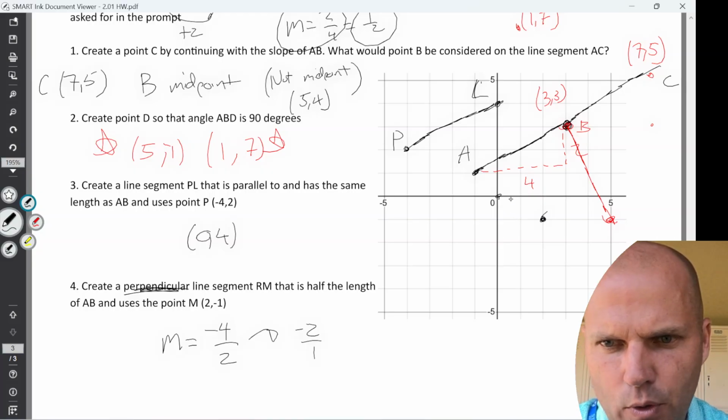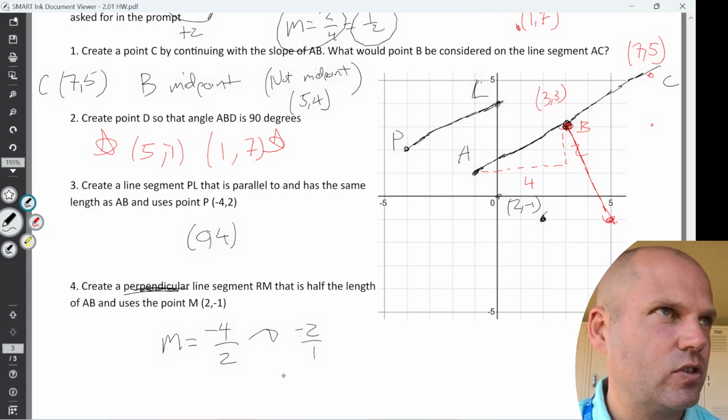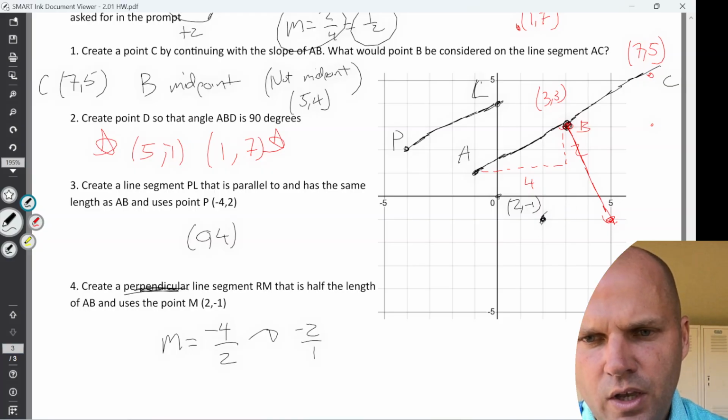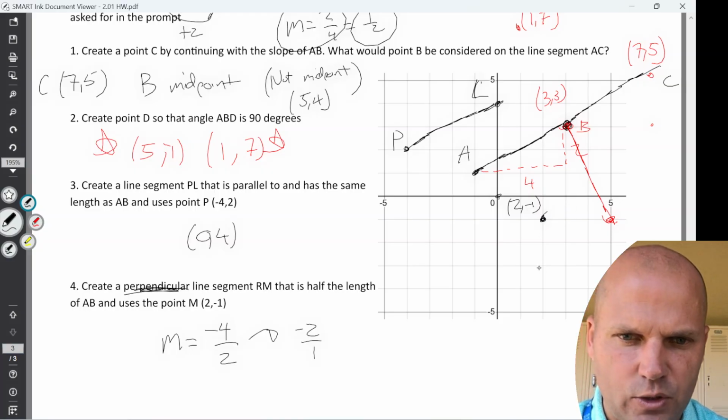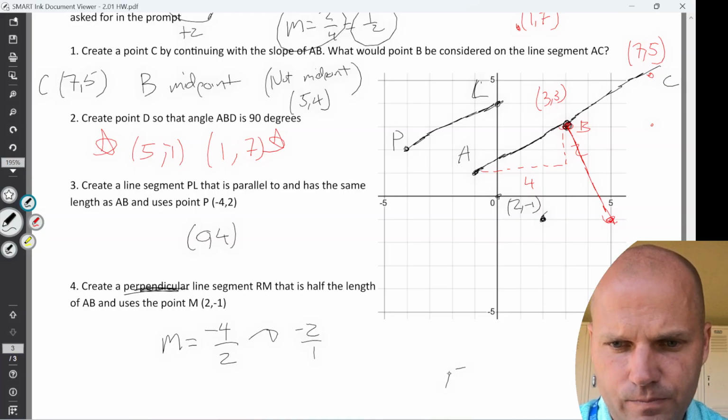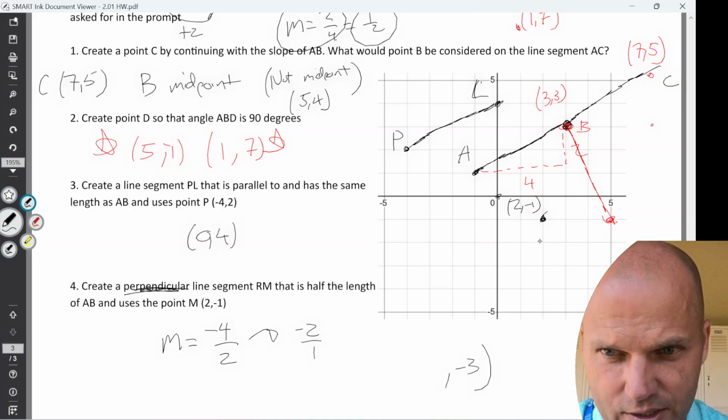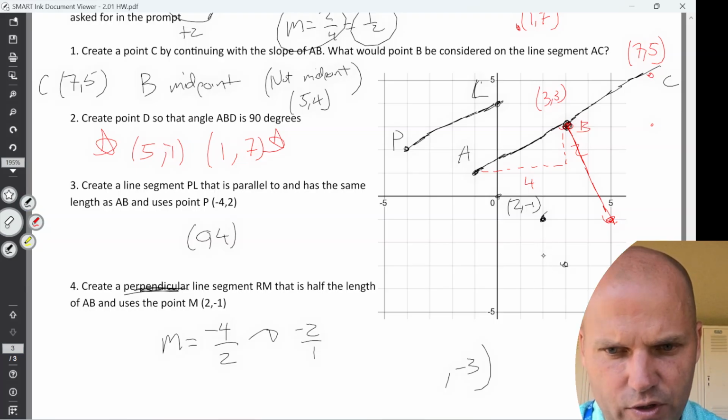If I'm starting at the point 2, -1, I could apply this halved, simplified slope: go down 2 with my y's to get to a y-coordinate of -3, and right 1 with my x's to get to an x-coordinate of 3.